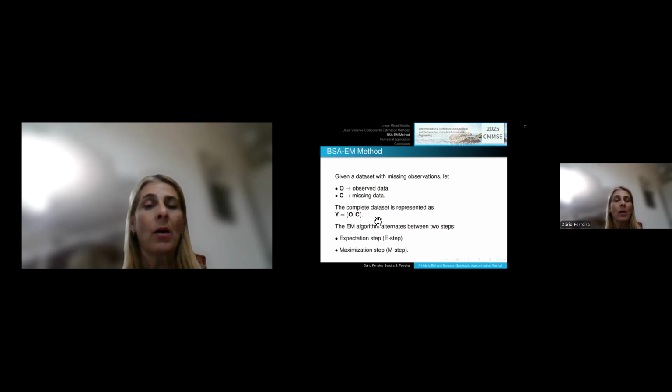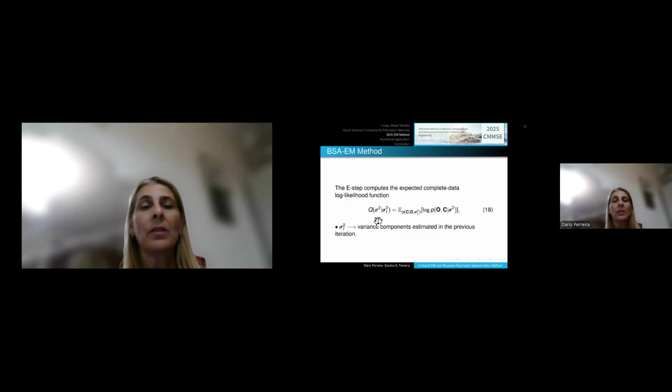The EM algorithm alternates between two steps, the expectation step that we will call E step, and the maximization step that we will call M step. The E step computes the expected complete data log likelihood function as we state here in equation 18, and sigma squared t are the variance components estimated in the previous iteration.